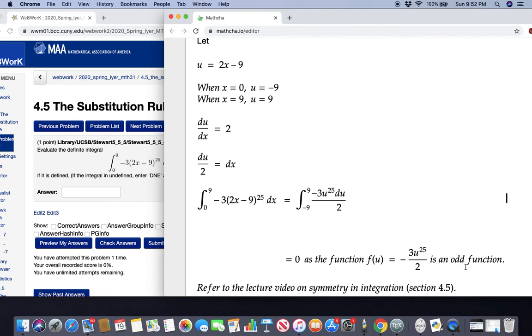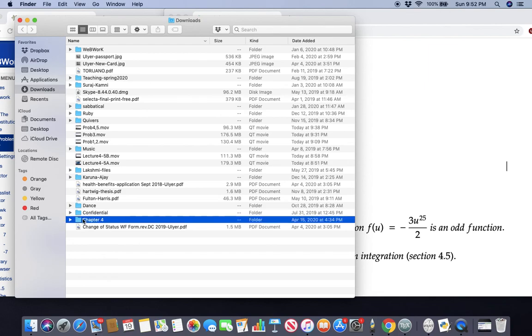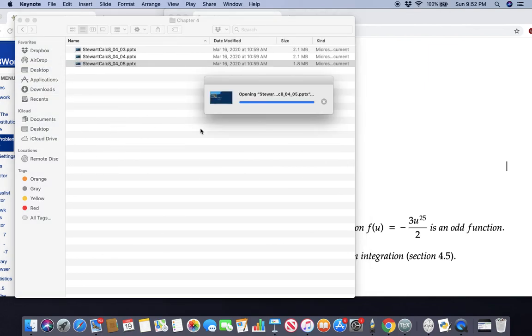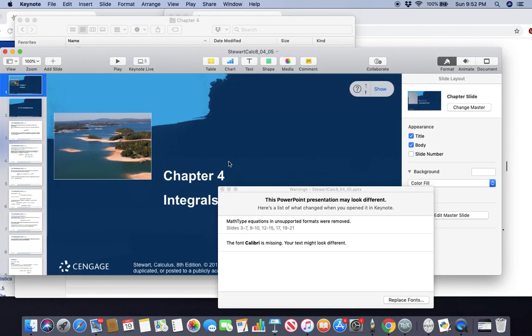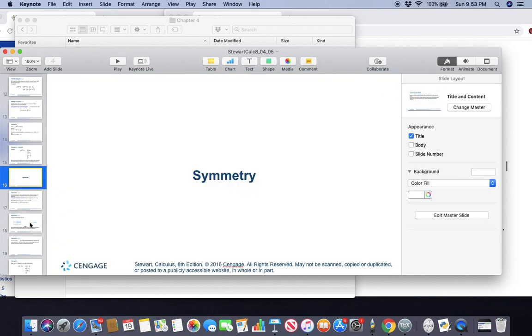If I have an odd function and symmetric limits, then that integral is 0. If you don't remember why, go to the lecture slides, see the topic on symmetry, on page 16.